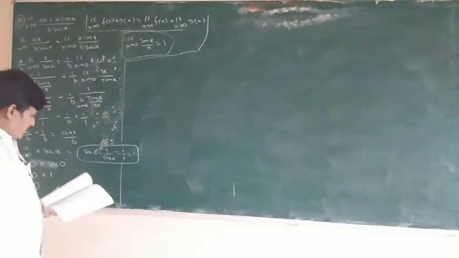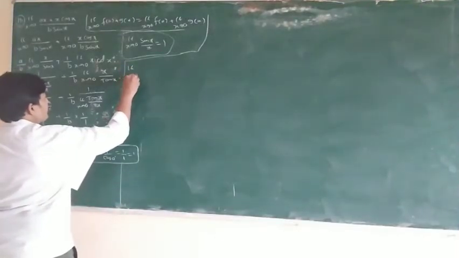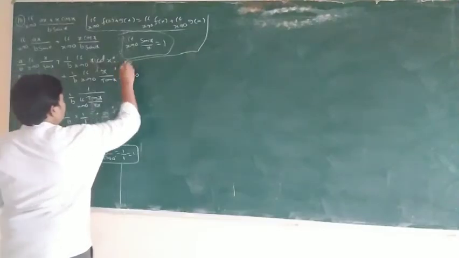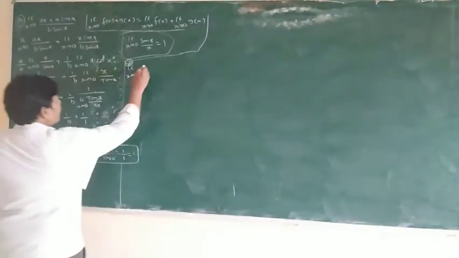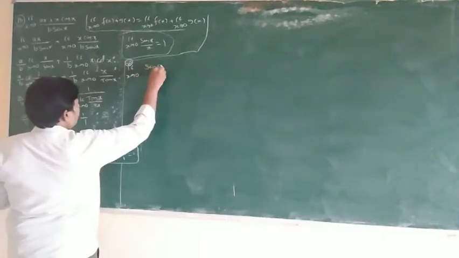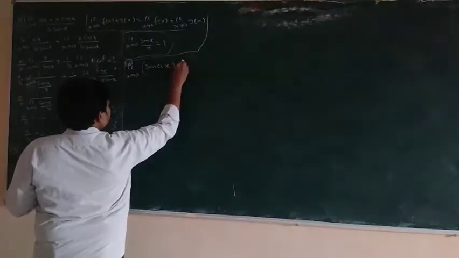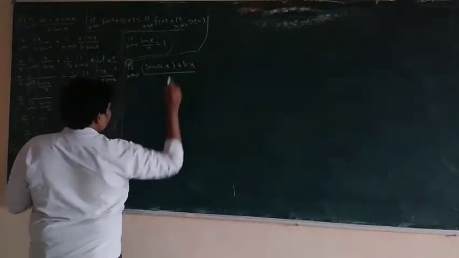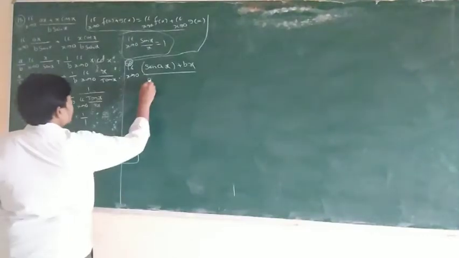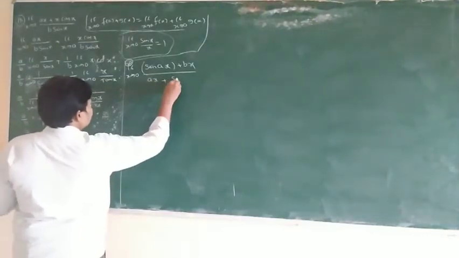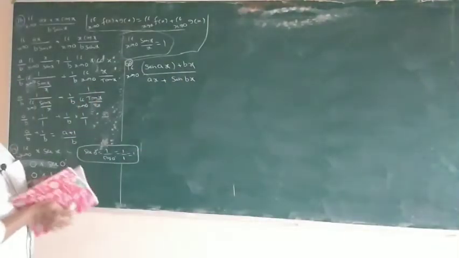Problem number 20. Limit x tends to 0, (sin ax plus bx) by (ax plus sin bx).